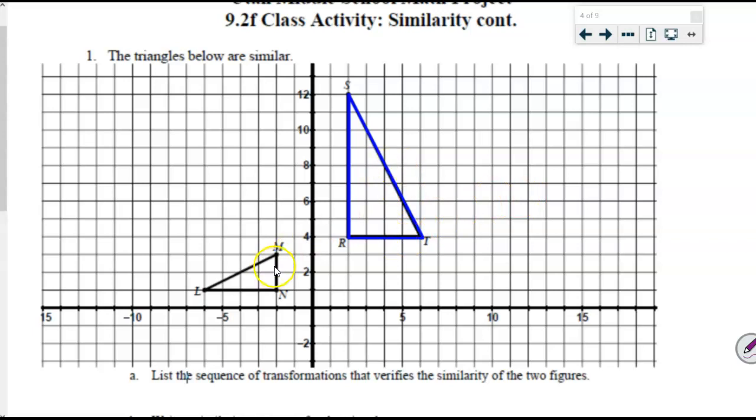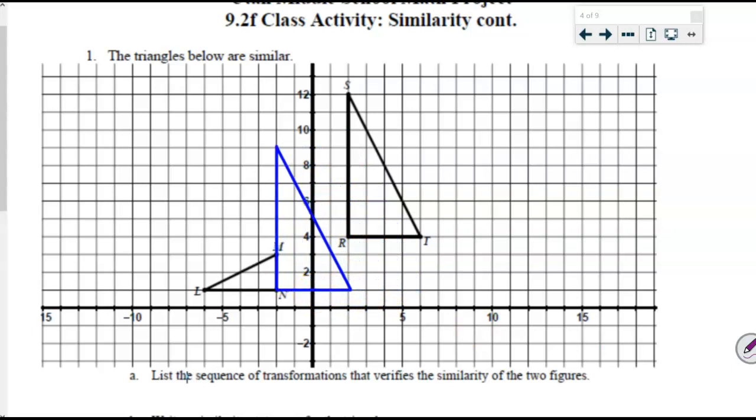It doesn't say which one we need to start with. I'm going to start here just because this is the one that I have highlighted blue. Yours might be a little bit different if you've already worked ahead of me. But if I take triangle SRT, the first thing that I'm going to do is translate it down 1, 2, 3, and to the left 1, 2, 3, 4.